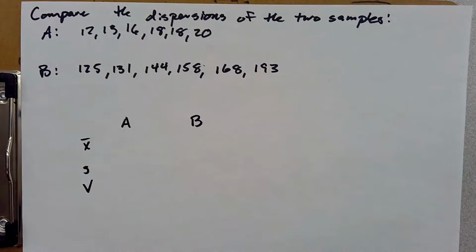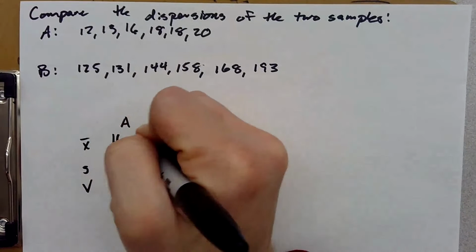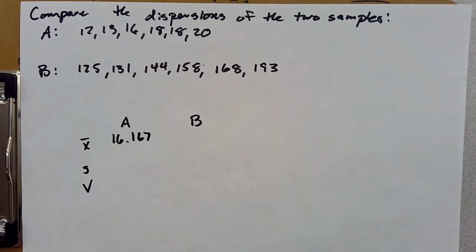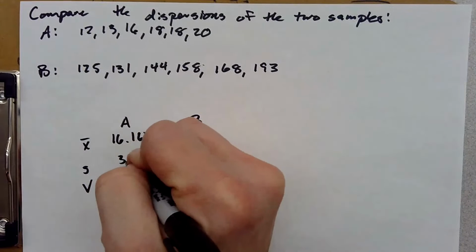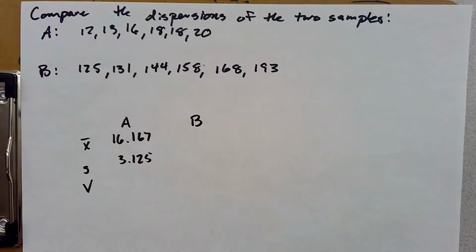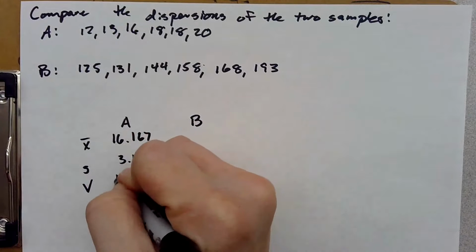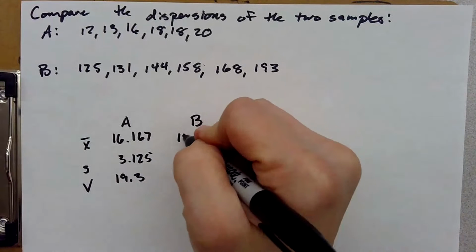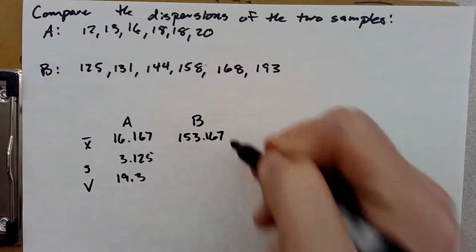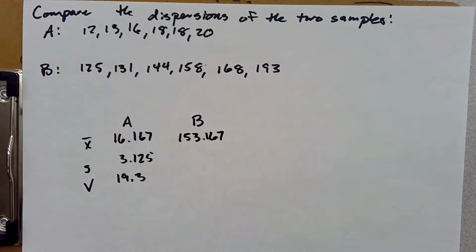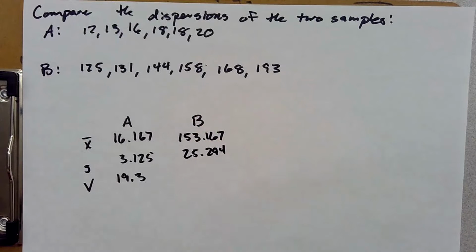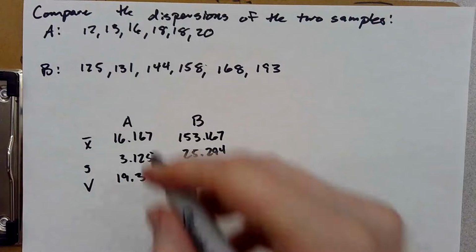So X bar for sample A is 16.167, S is 3.125, and V is 19.3. For B, X bar is 153.167, S is 25.294, and V is 16.5.